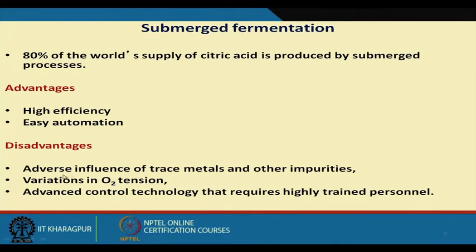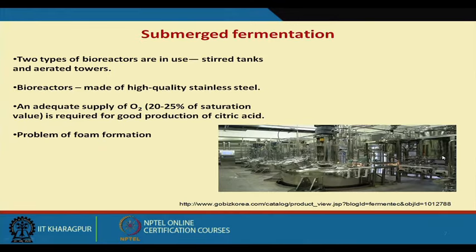The disadvantages are the adverse influence of trace metals and other impurities, variation of oxygen tension, and advanced control technology that requires highly trained personnel, because it is a fast process, so you require trained personnel for the operation of this process.